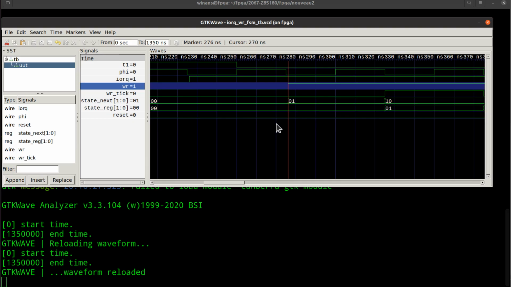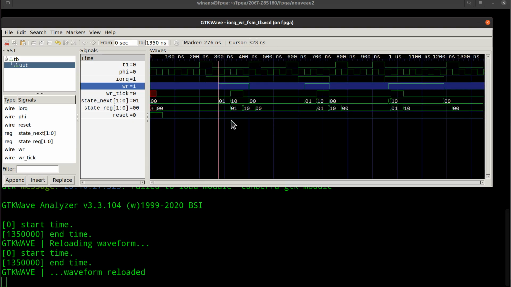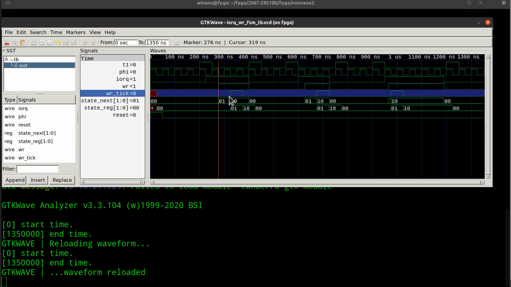So this scenario is probably never going to happen, but let's say it does run that late. The tick signal goes high the first time it sees a falling edge after the write signal is true, and it stays that way until after the next falling edge, which is T3, which is perfectly valid for an IO device. So I got one that will work and give us what we want.